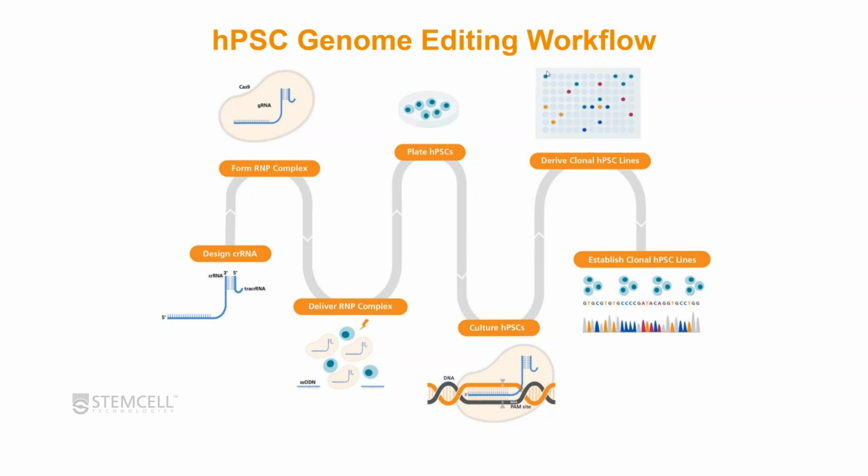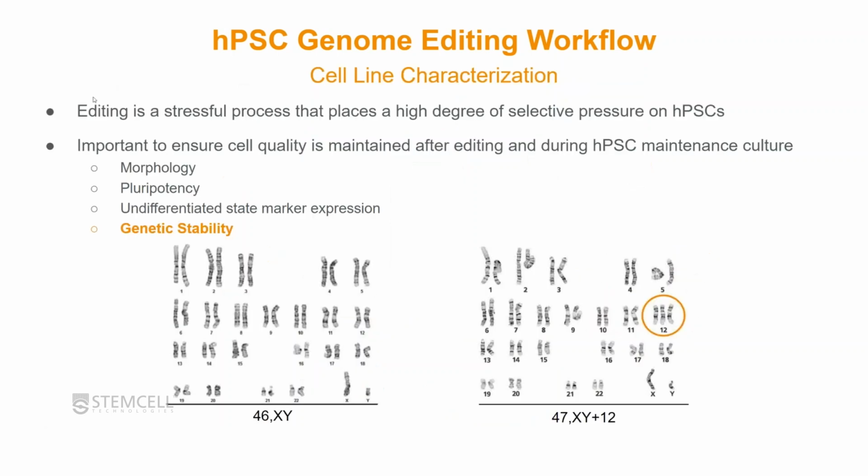So then once you've derived your clonal pluripotent stem cell lines, you then want to establish and characterize those lines. So again, I just want to reiterate the fact that editing is quite a stressful process, and it places a high degree of selective pressure on pluripotent stem cells. And so because of this, it's very important to ensure the quality of your cells is maintained after editing and during long-term maintenance.